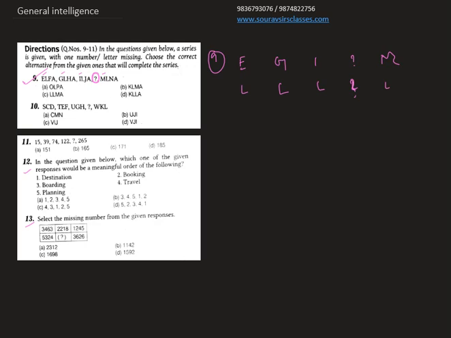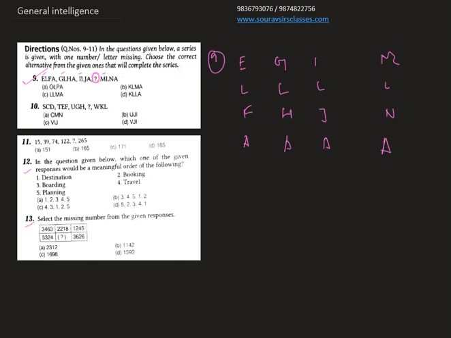Then we have I. Then we have FH, F, H, J, N, and lastly we have A only. Therefore, we need to find the alphabets in the fourth position.